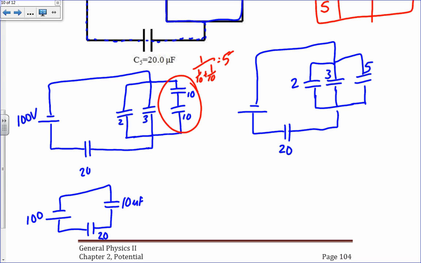And then combine this 10 and 20: 1 over 10 plus 1 over 20. Let's see, that's 20 over 3, which is 6.67. That's my equivalent capacitance. Draw it like this.